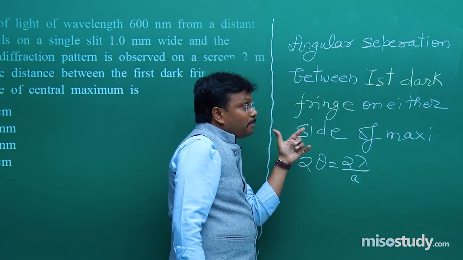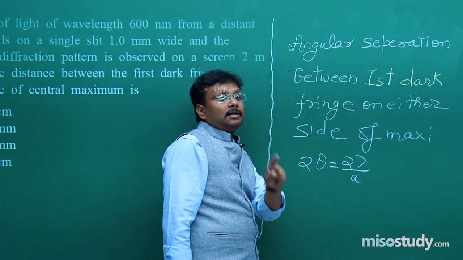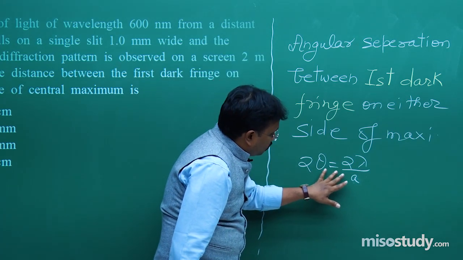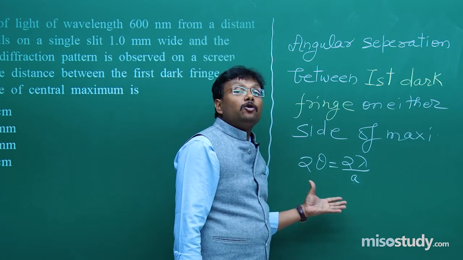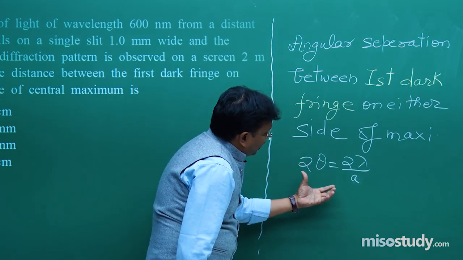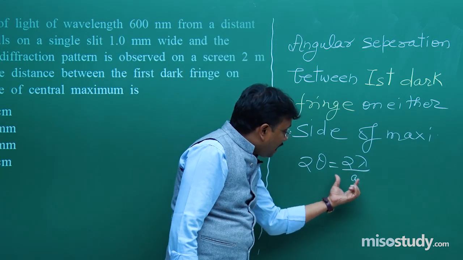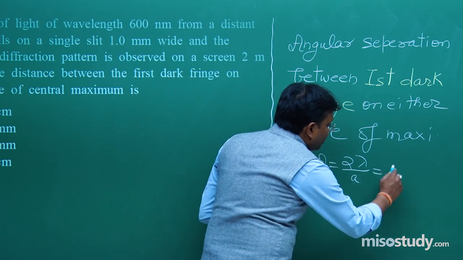So it is a repetition of that concept just to emphasize that the important aspect is remembering the formula. So 2 theta is equal to 2 lambda upon a, and the linear separation at any distance capital D is 2 lambda upon a into D. So this is also the linear separation.